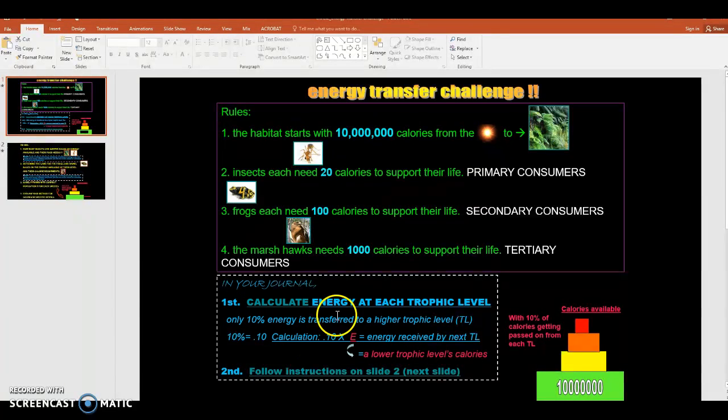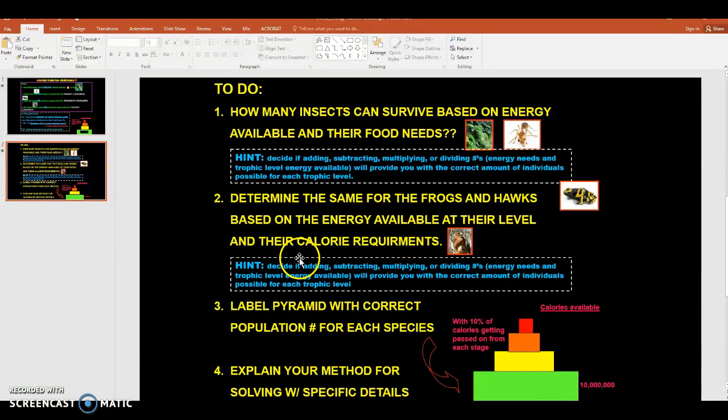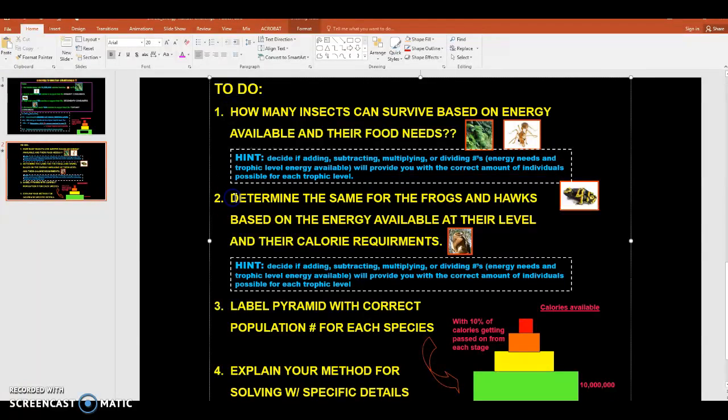I want to see the math performed for each trophic level. So show your work for each trophic level calculation. That's step 1, right? Show the calculations there in your notebook. Secondly, I want to see the math you've shown for step 1 and 2. Show the work. And then you're done. Good luck.